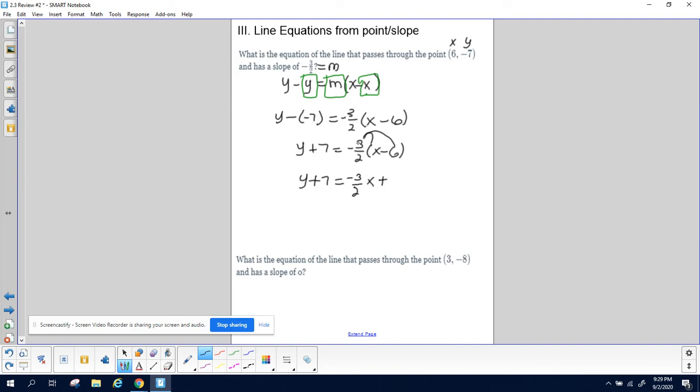And I like to do the numbers. 3 times 6 would make 18. Divide by 2 to know what goes here. And then get y by itself by subtracting 7 on both sides and rewrite so that y is by itself. This is now in slope intercept form, which makes it really nice if you do have to graph it.